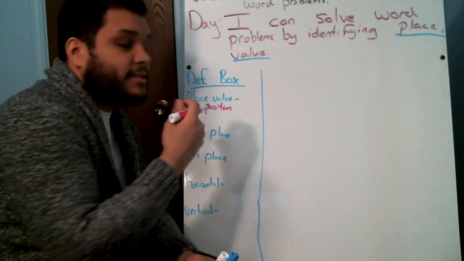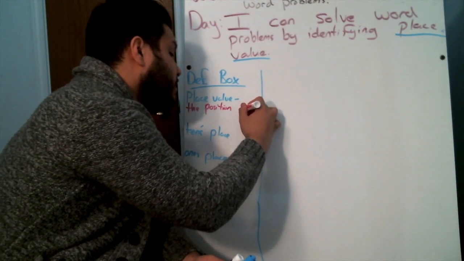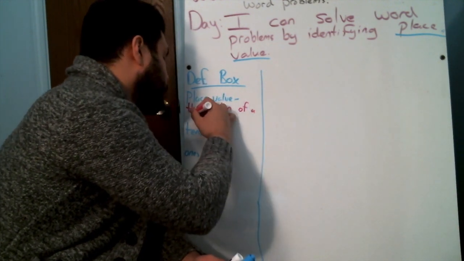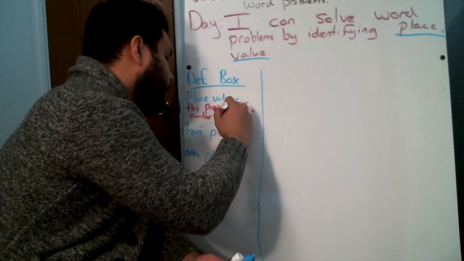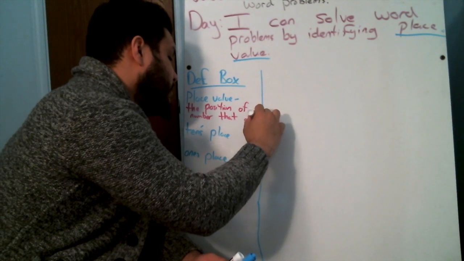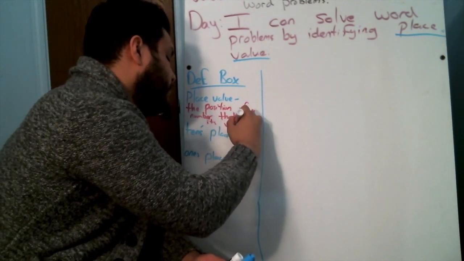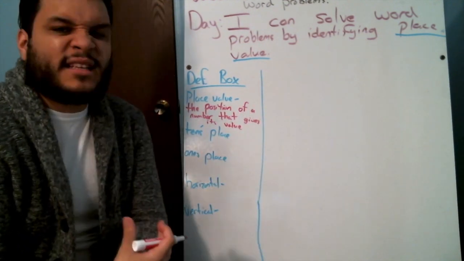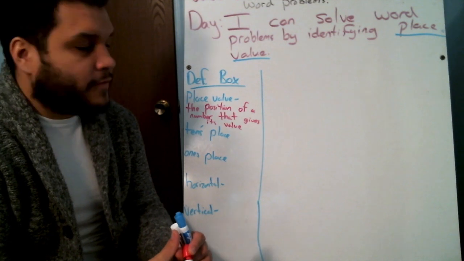Position is just a fancy way of saying place. I know that this may be a little bit complicated, but don't worry, I'm going to give an example in just a few moments.